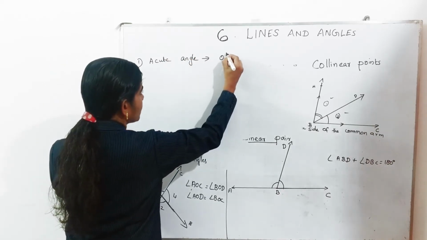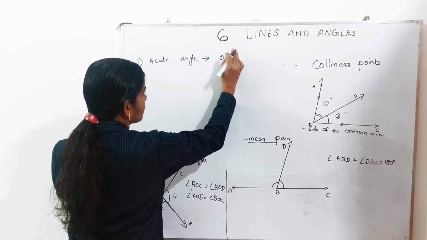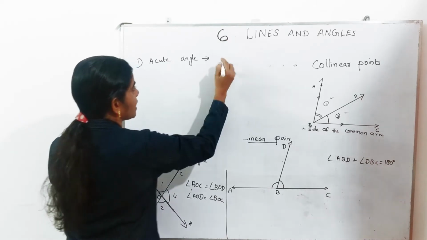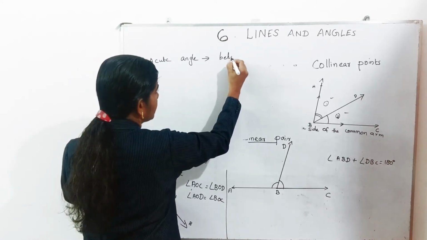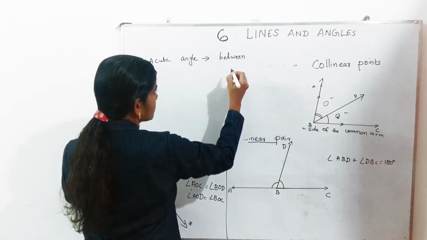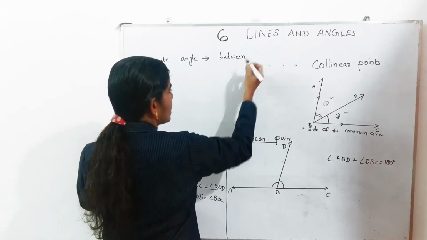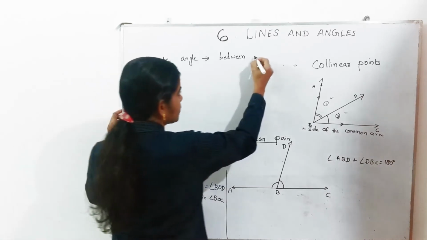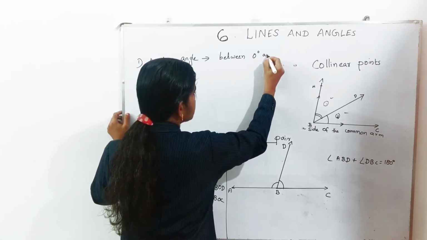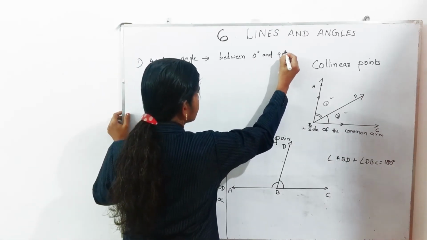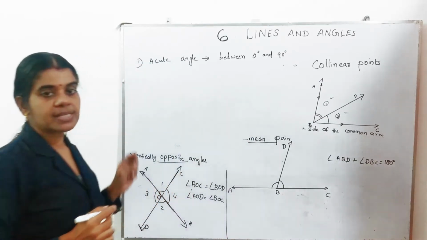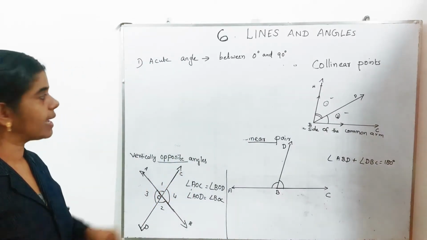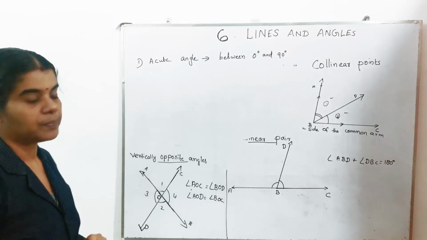Between 0 degrees and 90 degrees, or otherwise less than 90 degrees. All such angles come under acute angle.